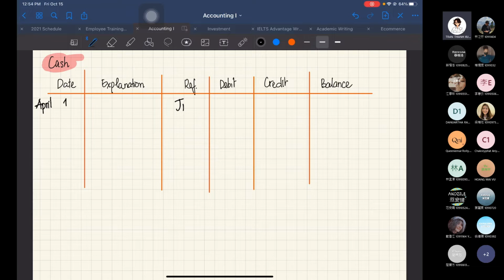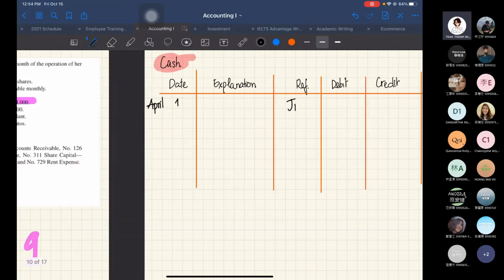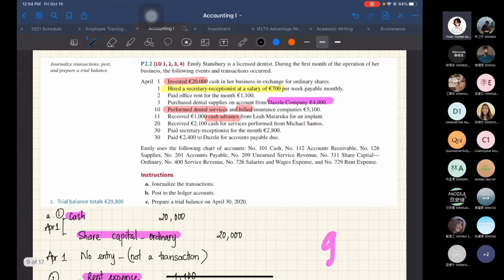So on the first transaction, what did we do with the cash account? Debit or credit? The question: in the first transaction, which side does the cash account belong to?